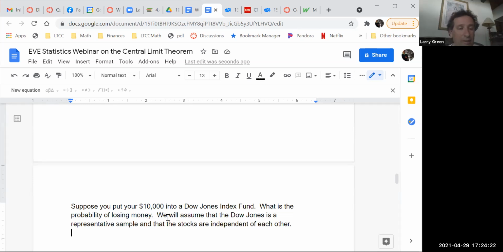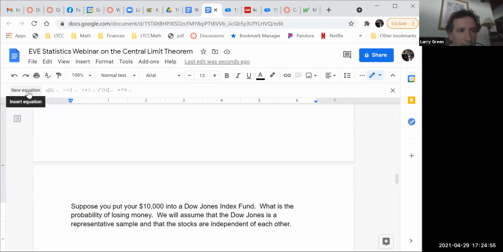This is the central limit theorem. It means that you're not doing one individual, you're taking a group with a sample size of 30 in this case, and you're looking at the average of that, and finding the distribution of averages. And you want to find out, based on that new distribution, what is the probability of losing money? Any questions on that?